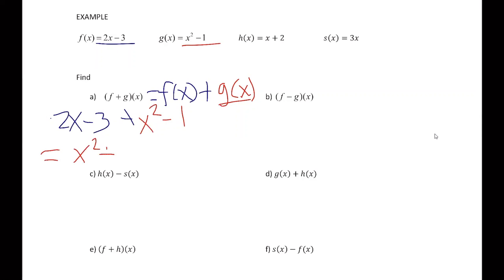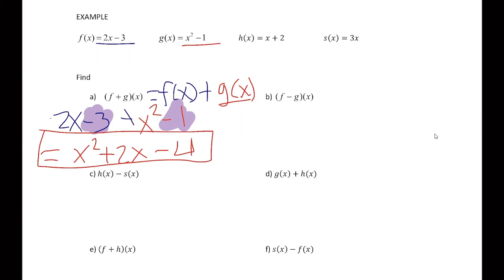The 2x just comes down, there's nothing to combine it with. But we can combine our constants, like a -3 and a -1 would be a -4. So this would be our answer. If you're evaluating with an x, not a number, you're going to get an answer with x's in it. You'll see that all the answers in this section we're about to do are going to have x's in them.